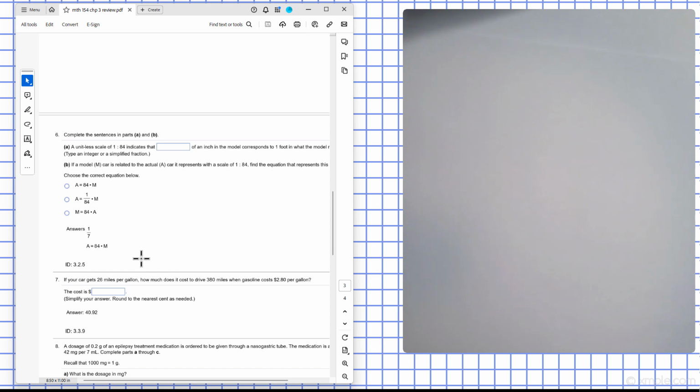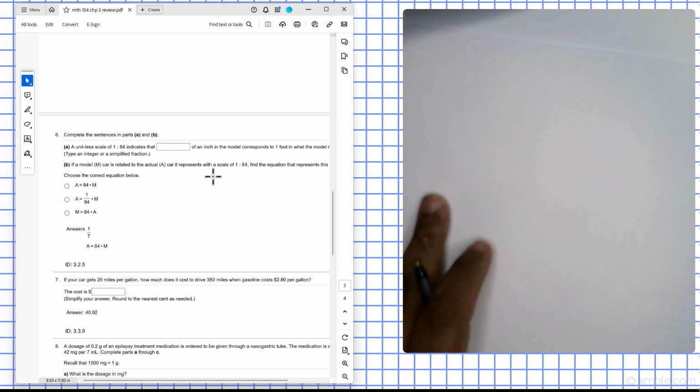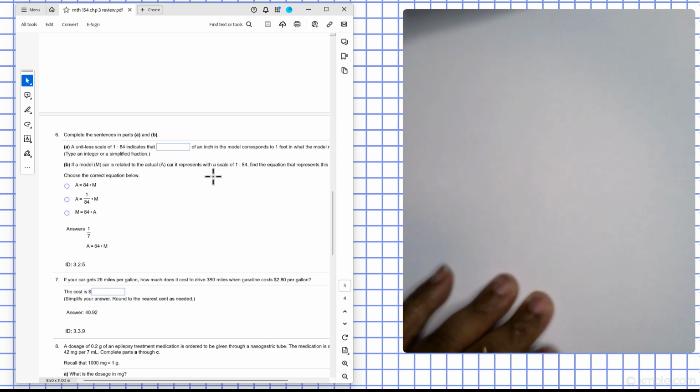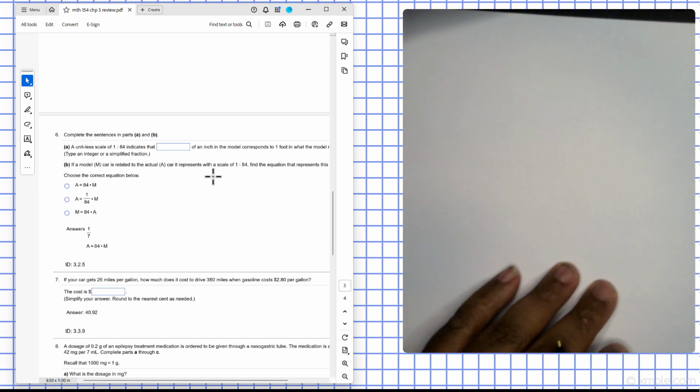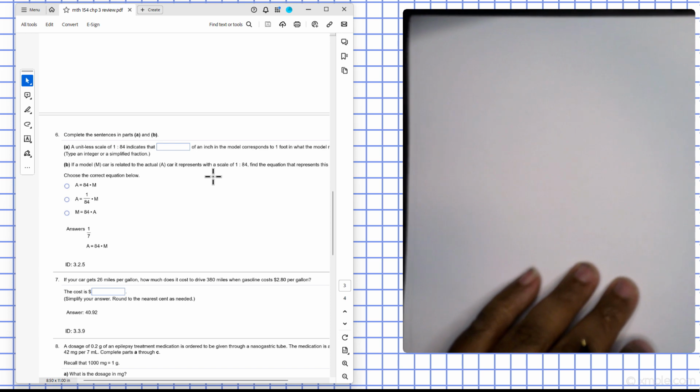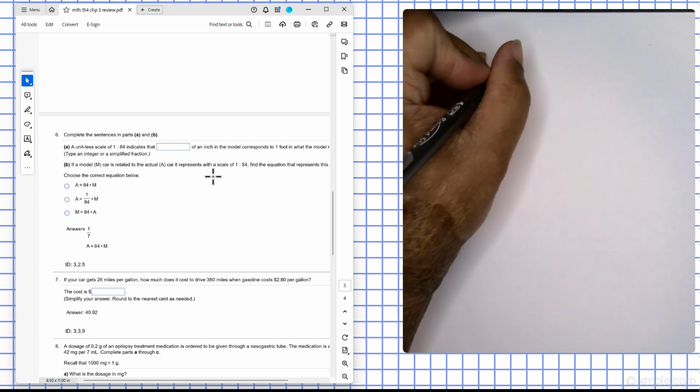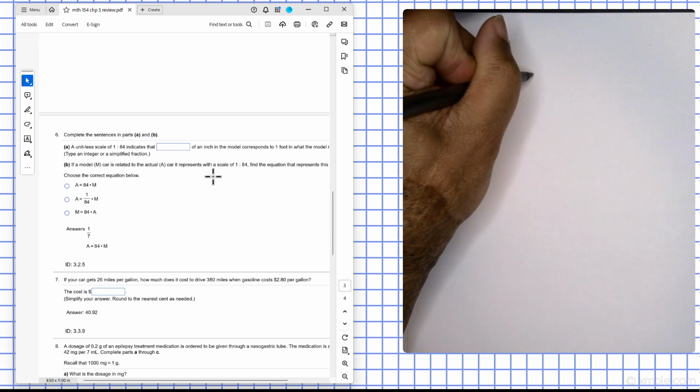A unitless scale of 1 to 84 indicates that a blank of an inch in the model corresponds to 1 foot in what the model represents. Then part B, if a model M car is related to the actual A, find the equation. So what I can do here, everything's related here. It's model to the actual.